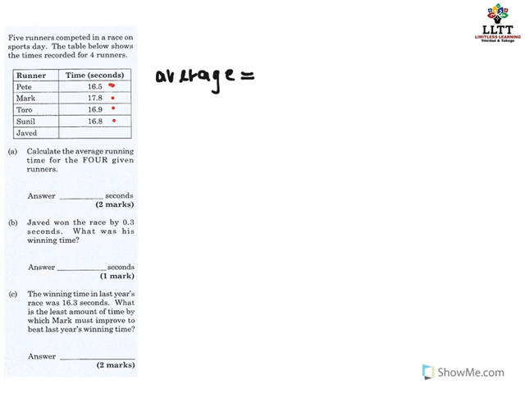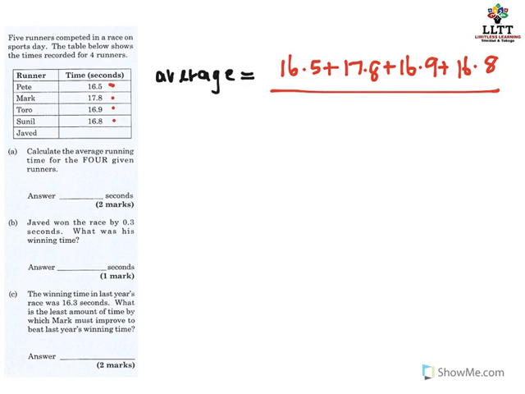So we're going to add those up first: 16.5 plus 17.8 plus 16.9 plus 16.8, and then to find the average we divide by the total number of recordings that we have, which is 4.